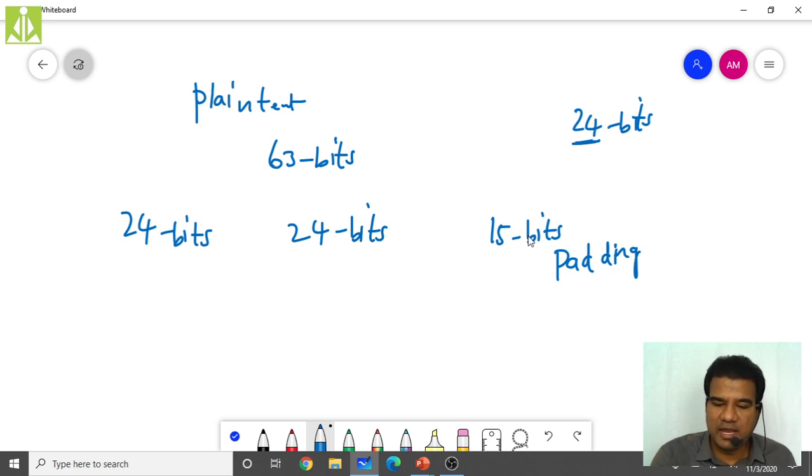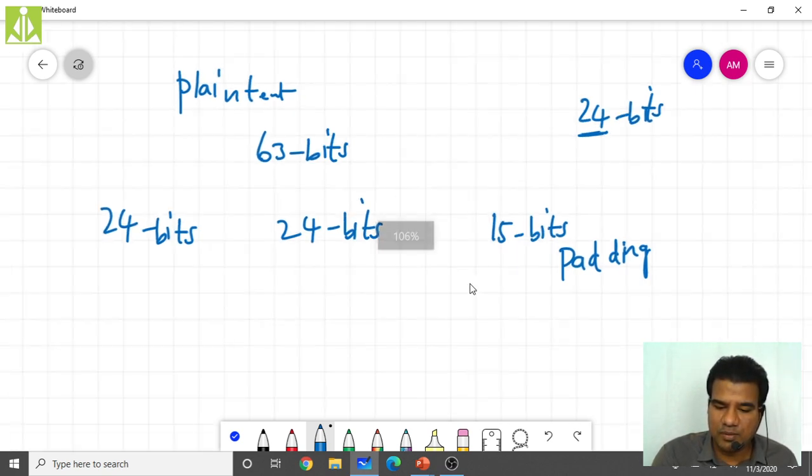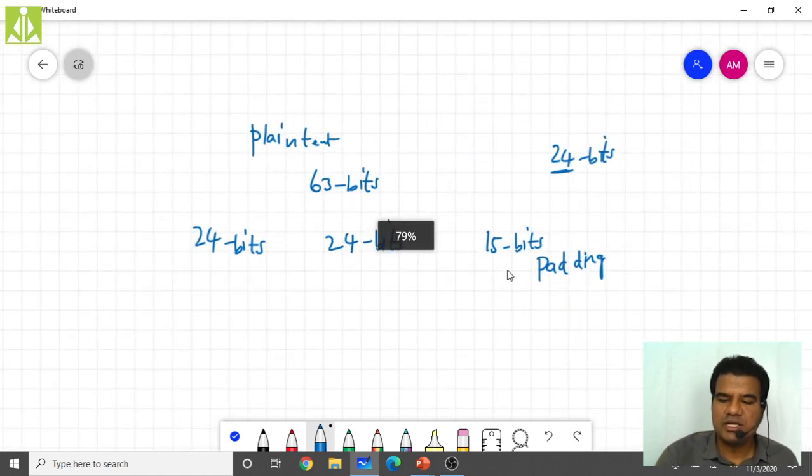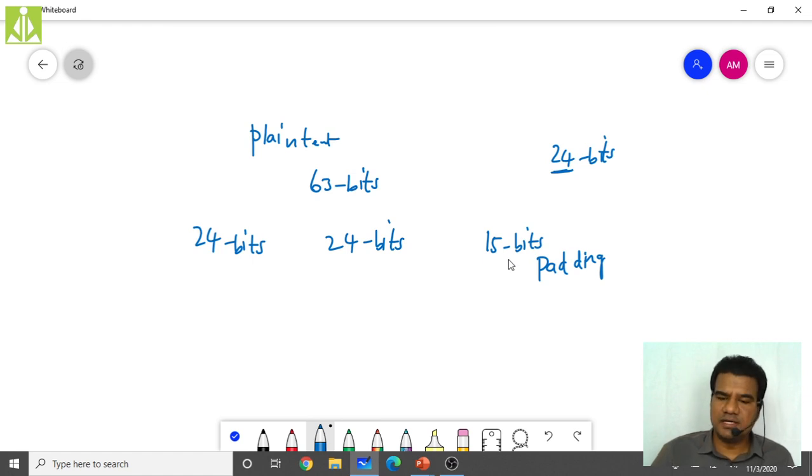How many bits can we put? 15 means we are short of 9 bits to make this a 24-bit block. So those 9 bits we add externally, either zeros or ones, according to our requirement or standard, because we only have 2 bits, either 0 or 1.